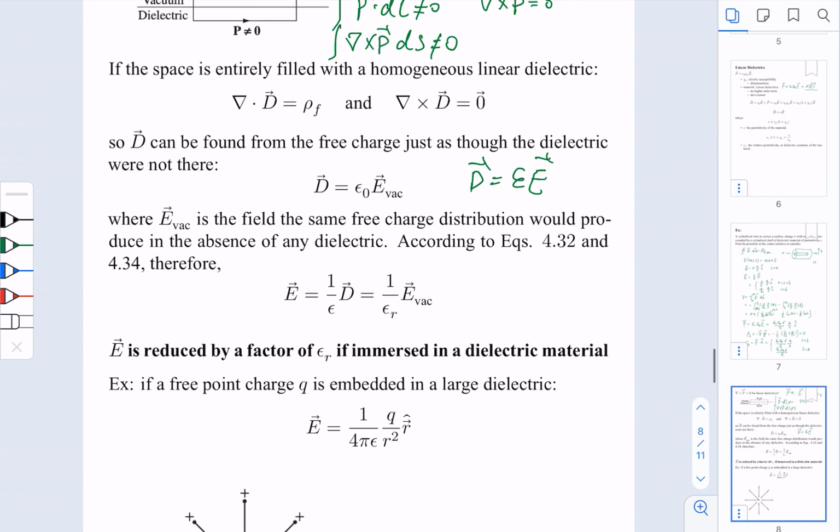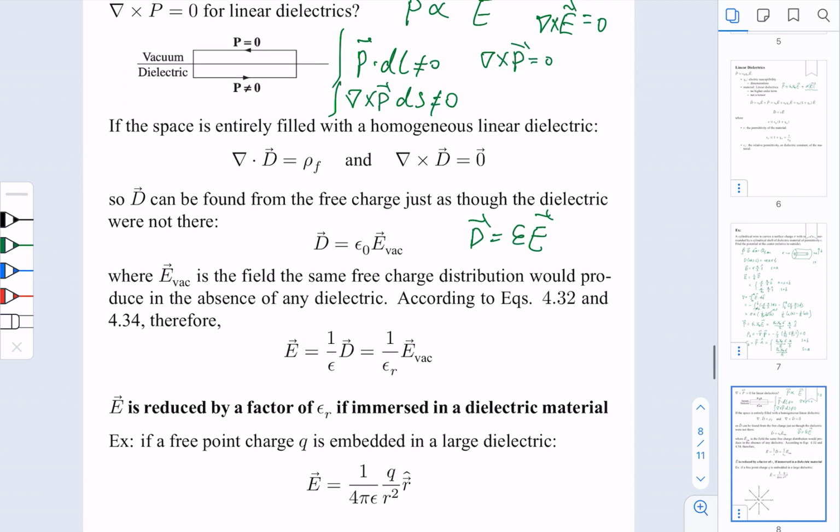Here is the expression for a point charge embedded in a dielectric material. Notice that we no longer have this 1 over epsilon naught, and it's replaced by 1 over epsilon, where epsilon is the permittivity of this material.